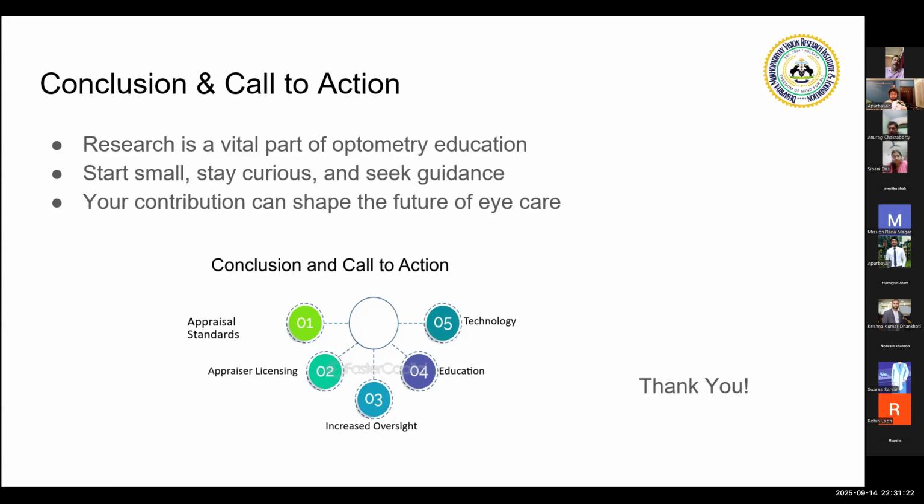Not even prevalence of myopia in Tripura, because that is a big location you cannot cover. However, you can start with small schools, you can start with small colleges where you can have a handful amount of people, where you can have a good control. So start with small and then plan accordingly.